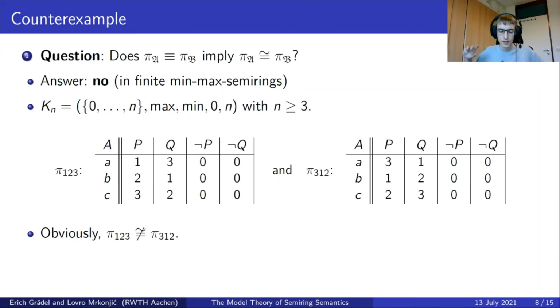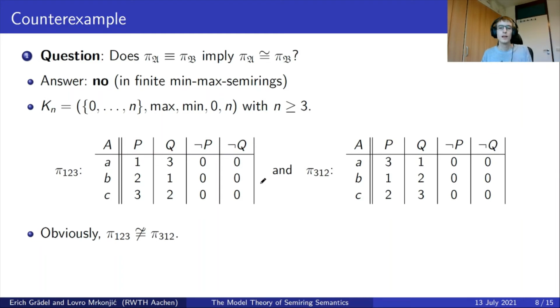In fact, even if we try to apply the Ehrenfeucht-Fraïssé games from classical semantics, if we try to extend them to semiring semantics, we would see that the spoiler would win in one turn, because for any element that you pick in any of these structures, there is no corresponding element in the other structure. For example, if we pick A here, then we have PA mapped to 1, QA mapped to 3, but there is no such element in the other structure.